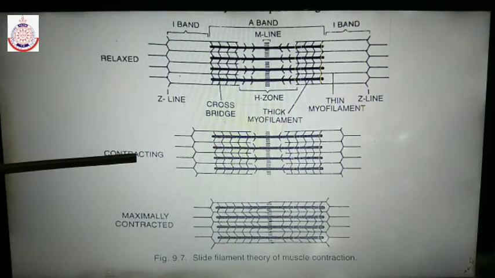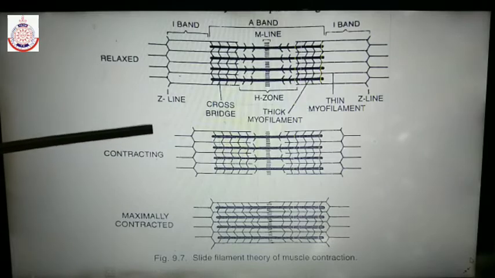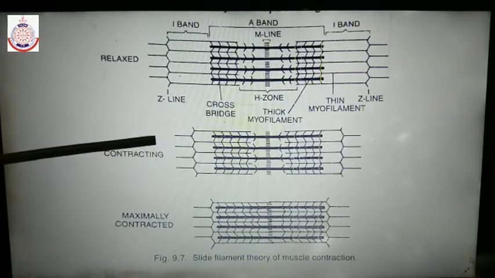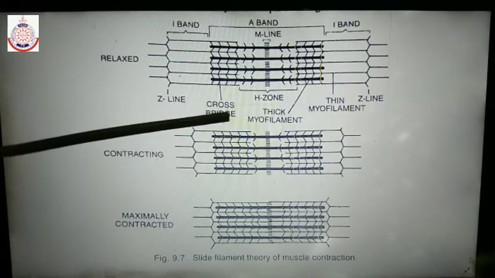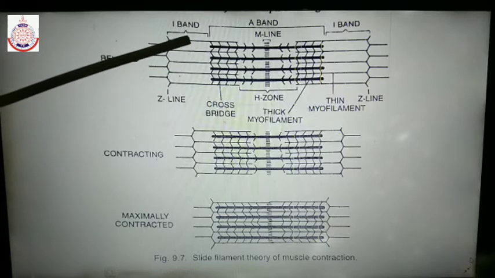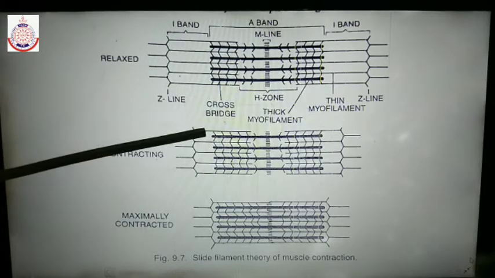It is clear from the above steps that during shortening of the muscle, or during contraction, the I band, which one is the I band? This one. So the I band gets reduced.